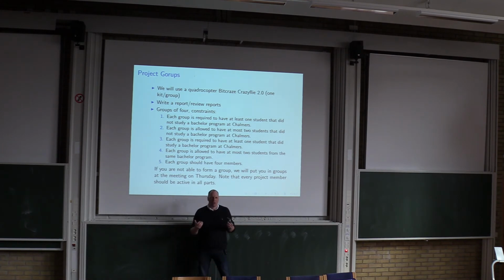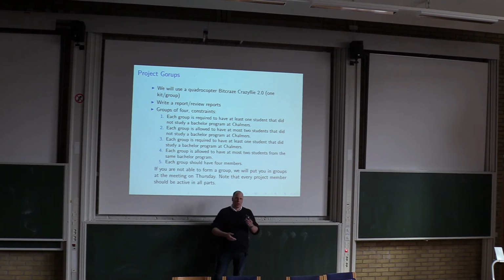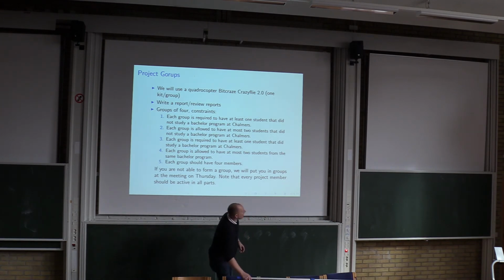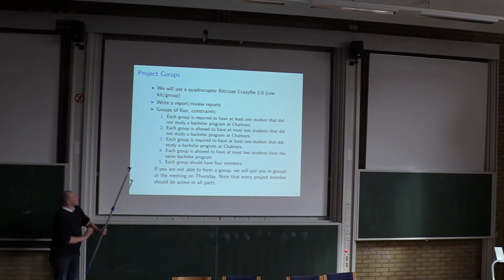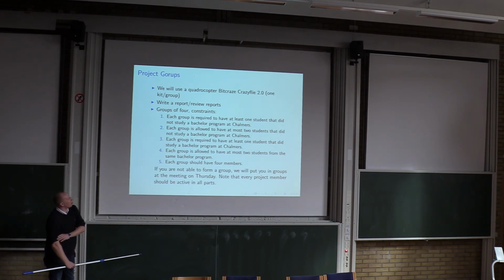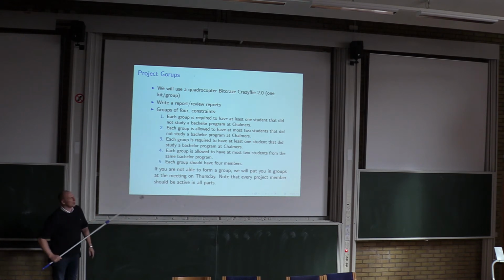We would also like you to form not only Swedish groups or international groups, we would like them to be mixed. So, if you're forming a group on your own, you have to fulfill all these 5 constraints.